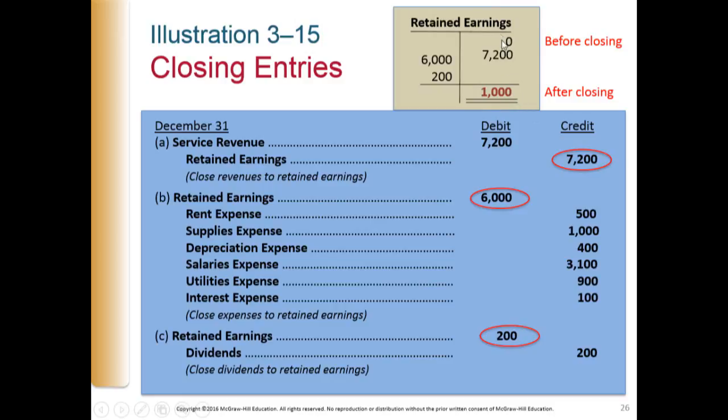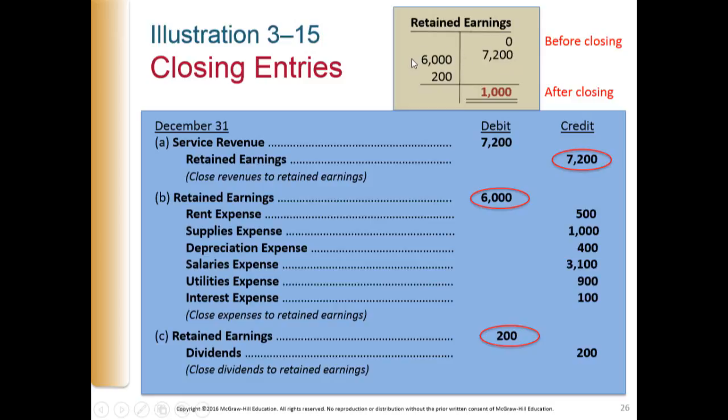So equity accounts, a credit balance shows an increase in equity. Debit balance shows a decrease in equity. So if you remember how our revenues and expenses are closed here, you'll see that the revenues are in the credit side of this equity account, so they're increasing equity, which makes sense. Revenues should cause equity to increase.